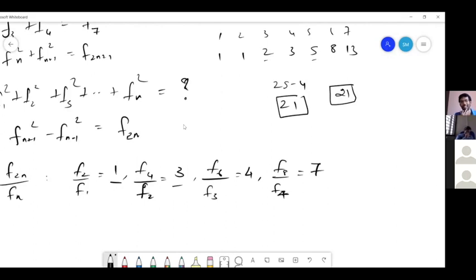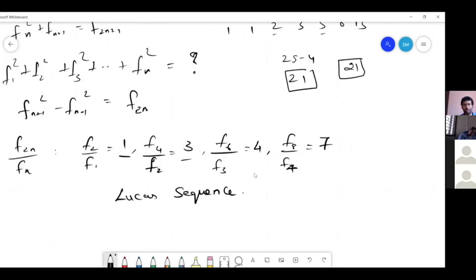Actually, this sequence 1, 3, 4, 7 has a name. It is called the Lucas sequence. Lucas also studied the Fibonacci sequence, and I think he came up with this observation. There is a lot of interesting interrelationship between the Lucas sequence and the Fibonacci sequence.